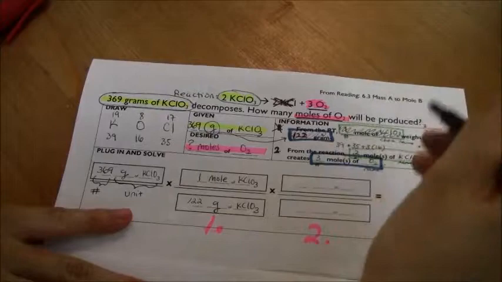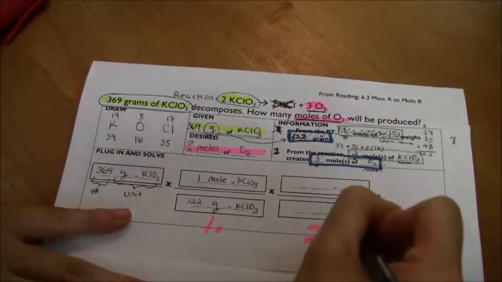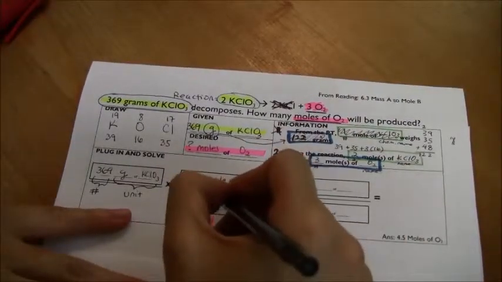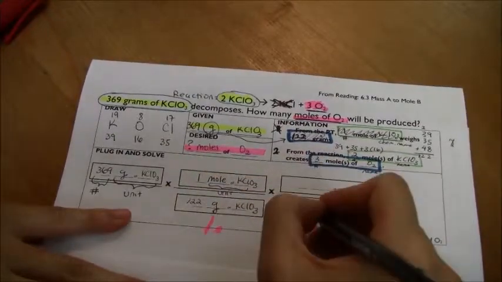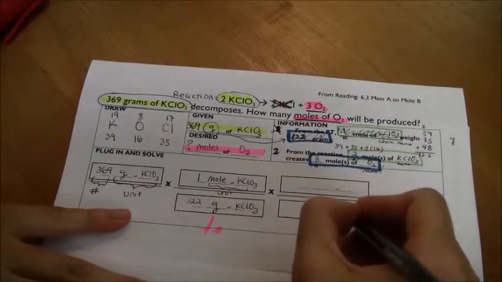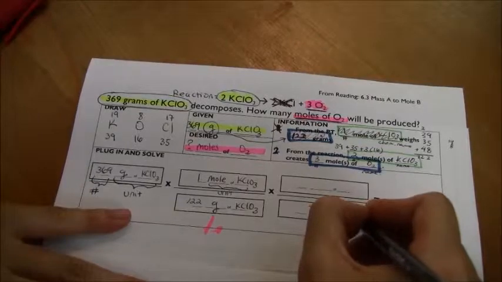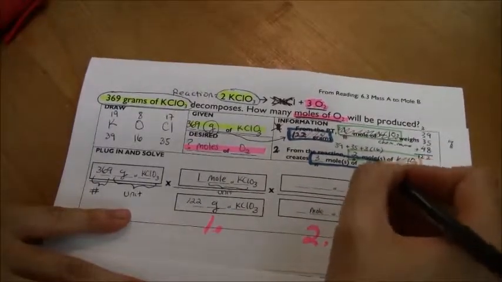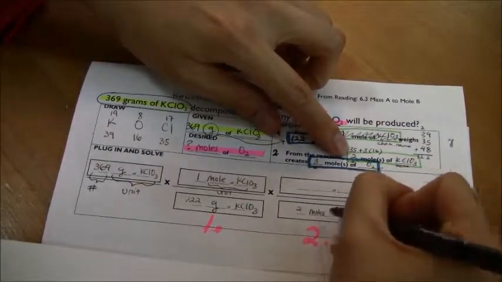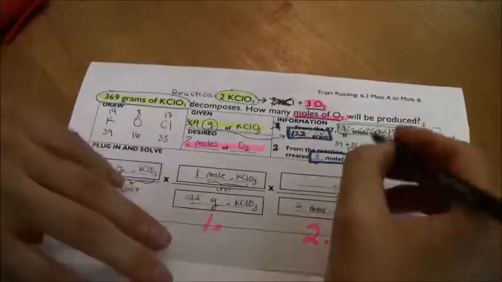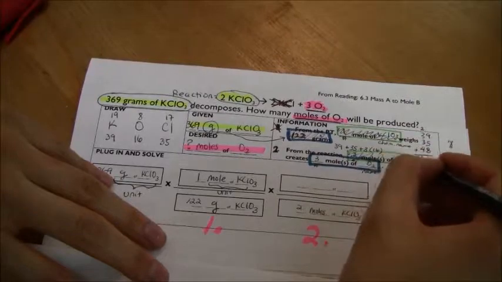Without even looking at this, we can fill in what this unit's going to be. Remember, we want these units to cancel out. So we have moles of KClO3, and the only one that matches is 2 moles of KClO3. So you can slowly cross that off.